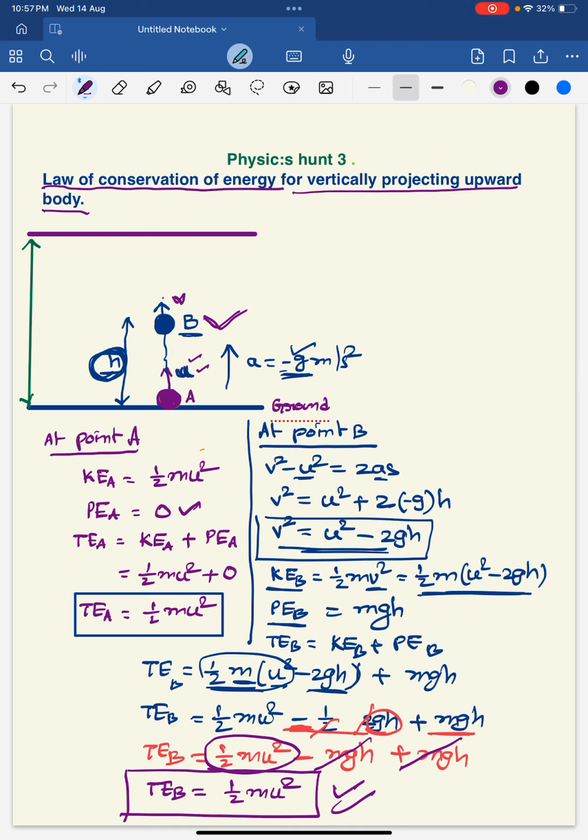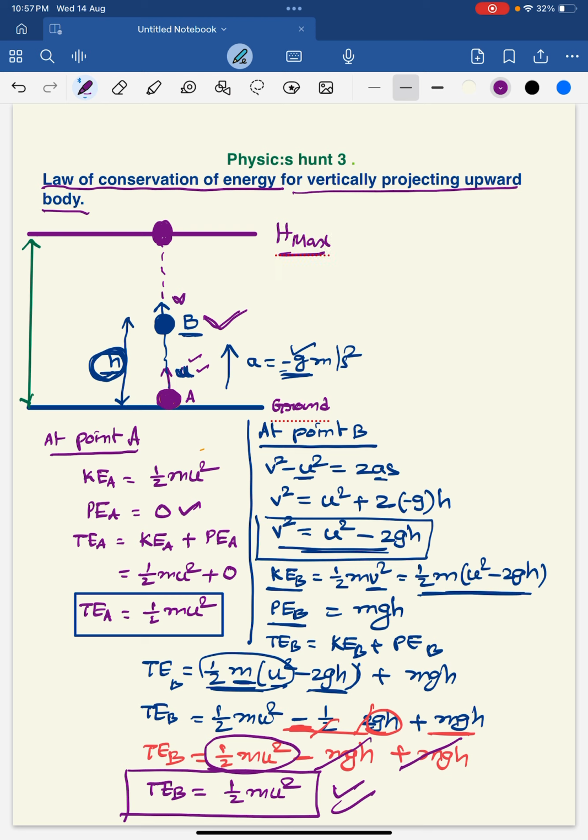At this location the body still has a velocity v, so definitely it will keep on moving upward and finally reaches this location. This is the highest point attained by the body, the maximum height.